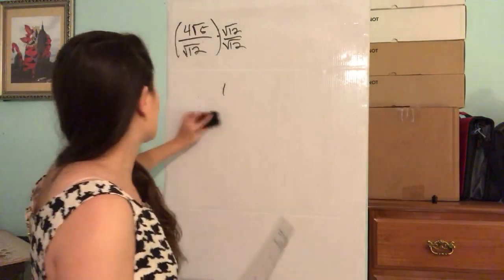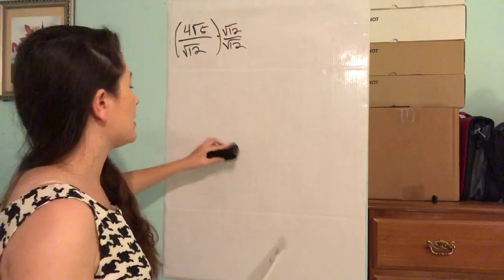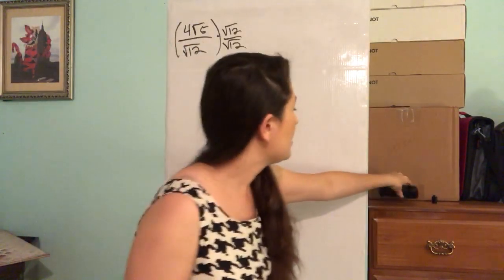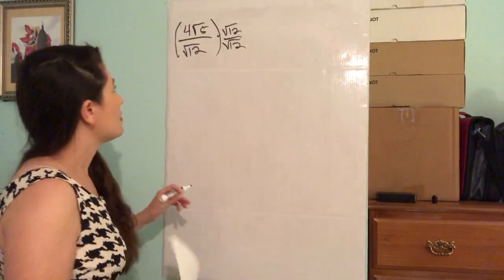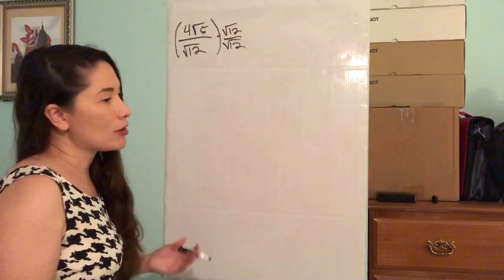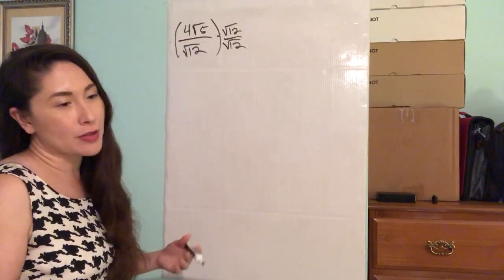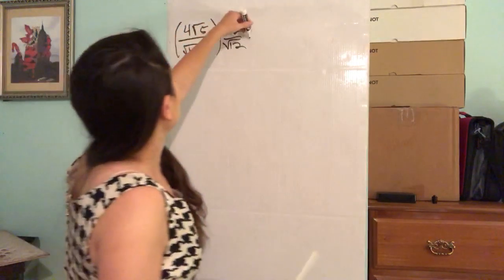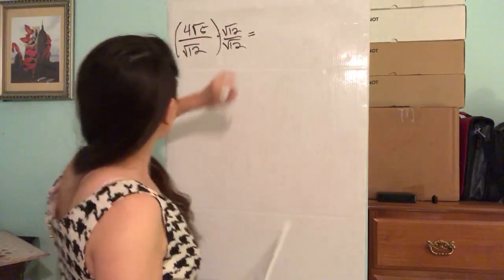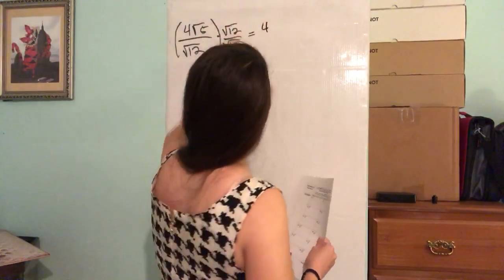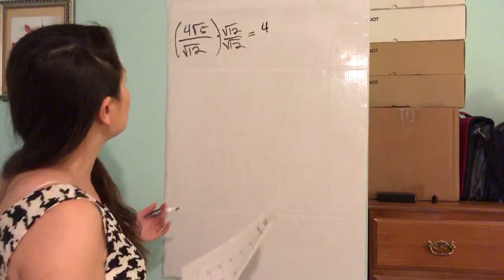So essentially, all we're really doing is we're multiplying top and bottom by 1, by the ratio of square root of 12 by itself. Square root of 12 over square root of 12, right? So on the top, we're going to have 4 times the square root of 5 times square root of 12.